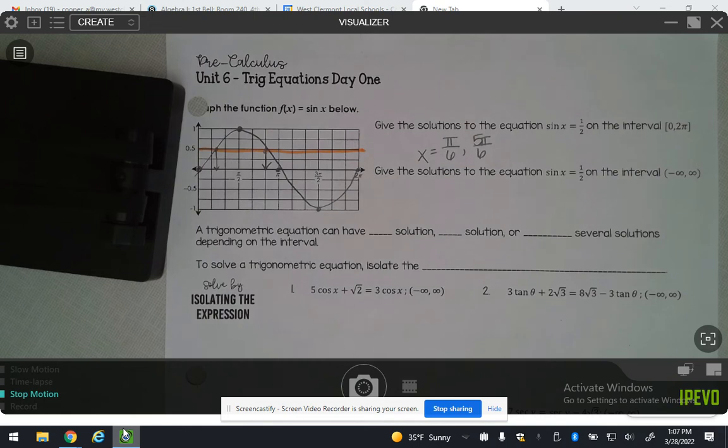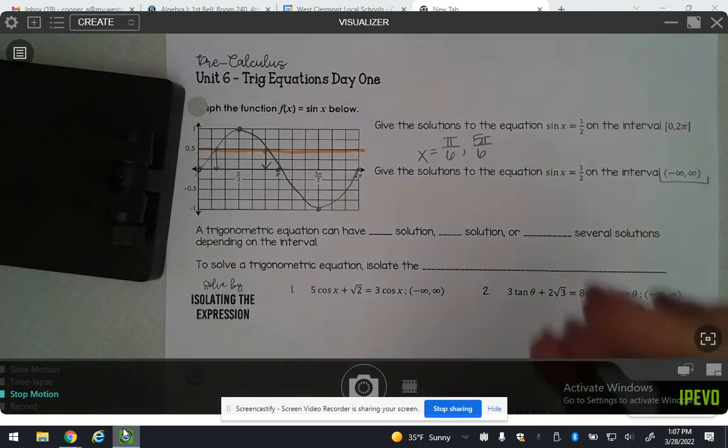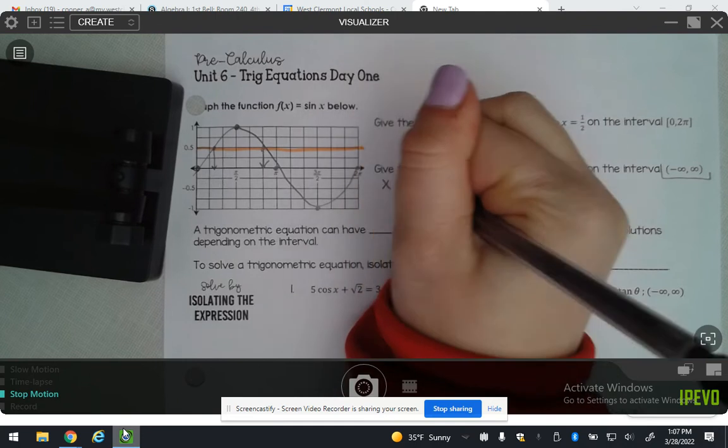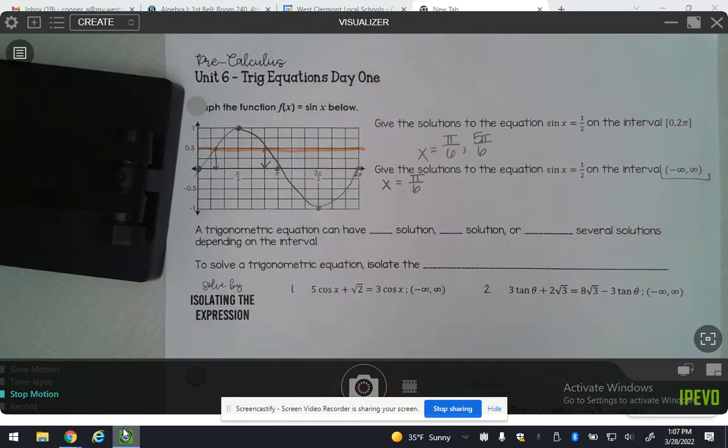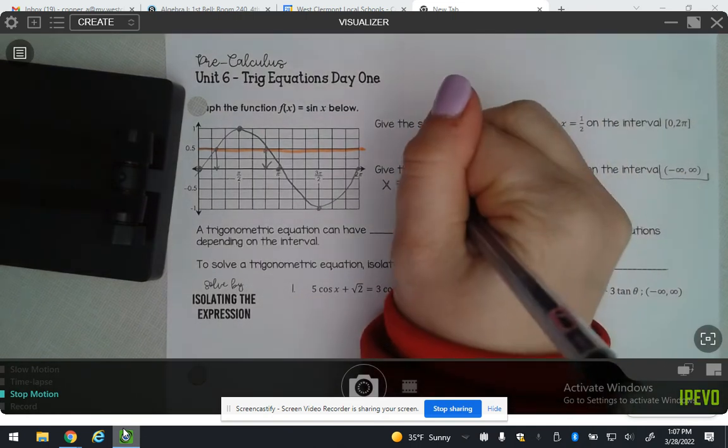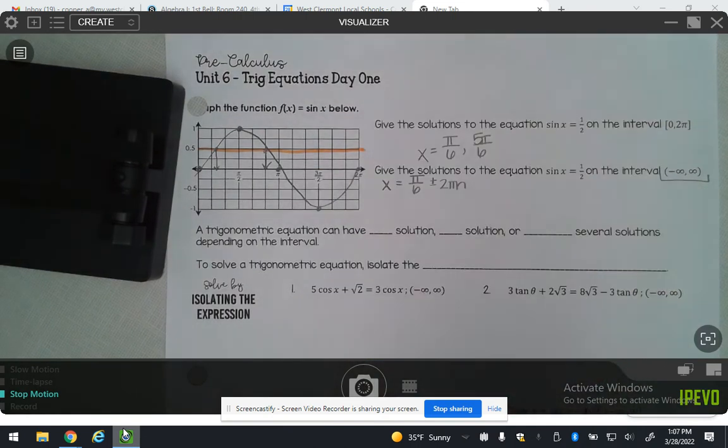So if I want all my solutions on the open interval, negative to positive, you will state it like this. You'll say x equals pi over 6, because that's my angle, plus or minus 2 pi n. Now, 2 pi is the same as 360 degrees, correct? n is just a number.